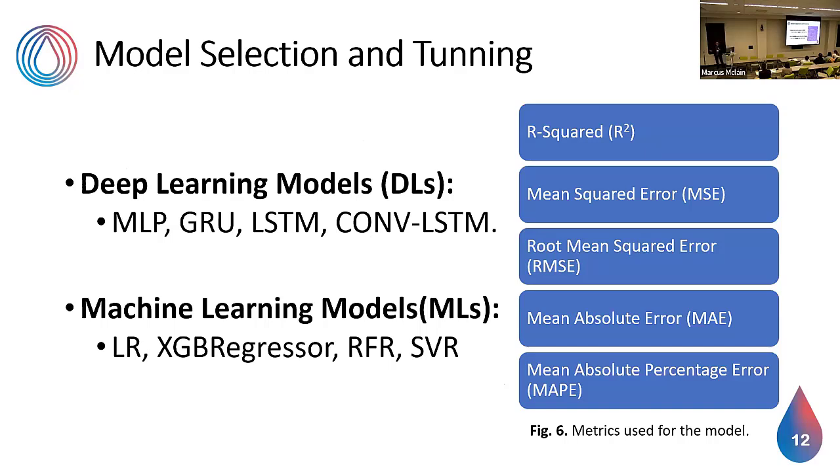For this presentation, we use 8 models: 4 deep learning models, which are the MLP, GRU, LSTM, and convolutional LSTM, and 4 machine learning models: linear regression, XGB regressor, random forest, and support vector regressor. To the right side, you can see the metrics that we use.